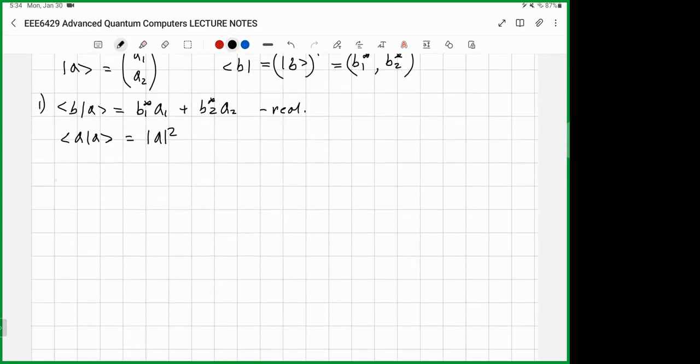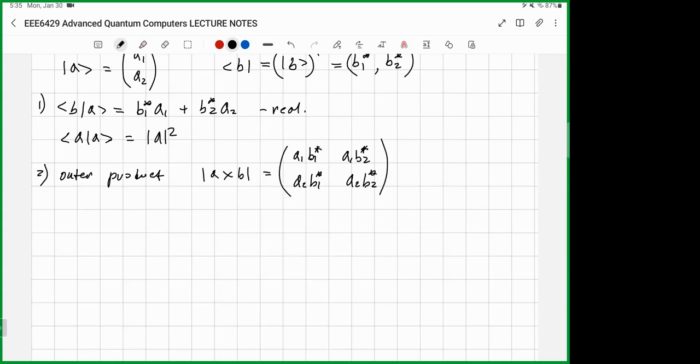Let's denote this one. Now the outer products. The outer product, as we discussed, is an operator. So for example, A B is equal to the 2 by 2 matrix with components A1 B1 complex conjugated, A1 B2 complex conjugated, A2 B1 complex conjugated, A2 B2 complex conjugated.